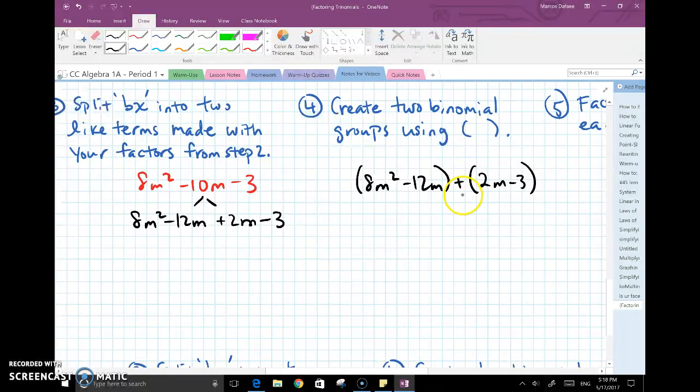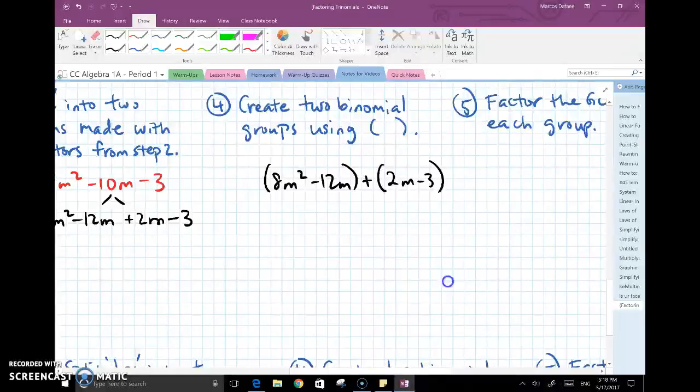There's a reason why I need that plus sign to be outside, and the reason is because I'm still representing my -10m as a combination of -12m and a positive 2m. Remember, the idea of combining like terms has to do with addition and subtraction. So I need to represent that with either a plus or minus. It's best to represent it with a plus sign, okay?